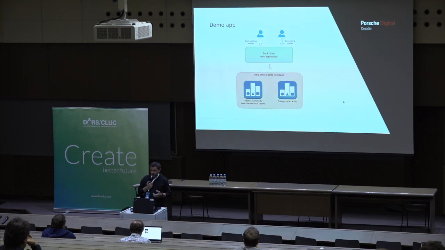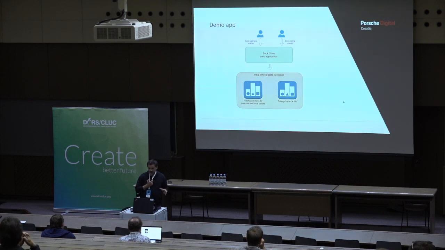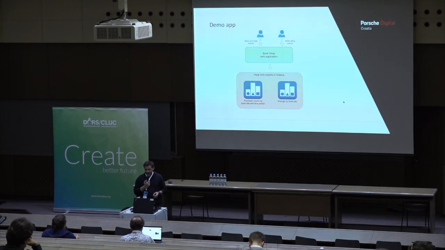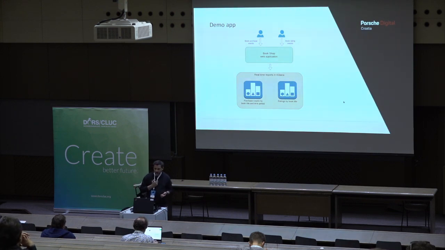These events would usually come from real users, of course, but in our case we will mock that part and simulate user events. The application itself is a Spring Boot application, and some of these components, like Kafka Streams, Kafka Connect, and KSQLDB, are used to get to our result, which is real-time reports of how many times a specific book was sold, and also what the current rating of the specific book is.